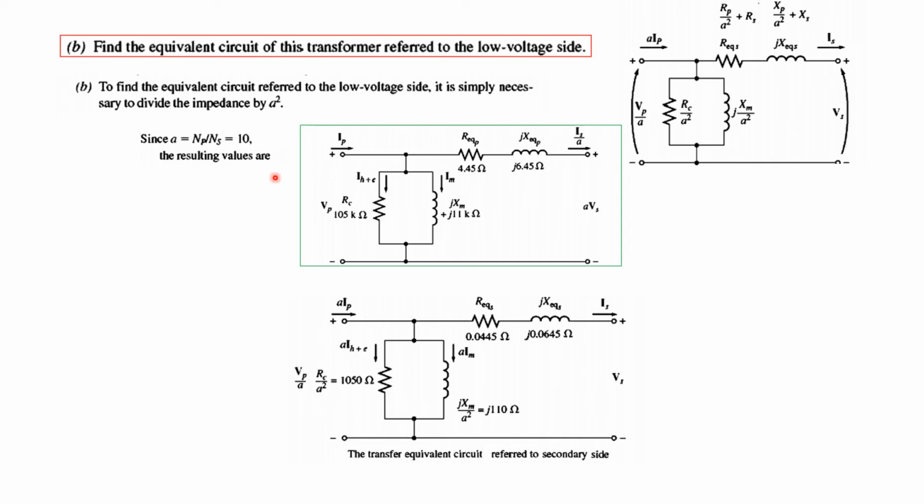The resulting values will be, if we divide this one, 105, by A squared, that is 100, so we get 1050 ohms. Similarly, dividing the other, we get the new value. So this is the equivalent circuit referred to the secondary side.